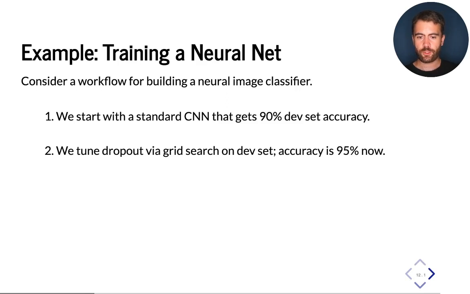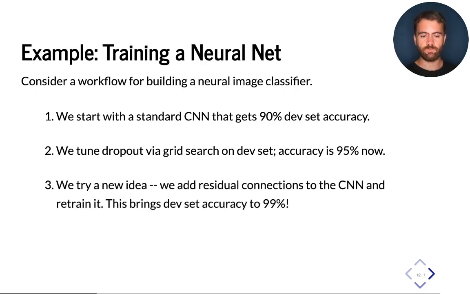Then we look at its performance, and we see that it overfits the data a little bit. So we can perform grid search on the strength of the dropout layer to see if we can make its performance a little bit higher. Then we realize that with a different value we can get 95% on the dev set. Then that is our next best model.